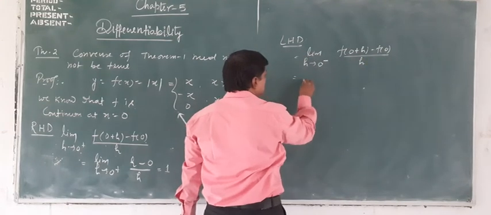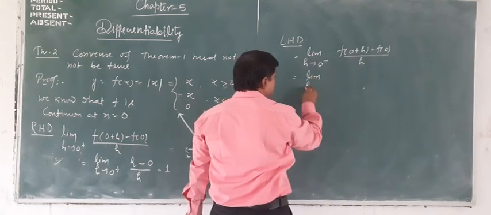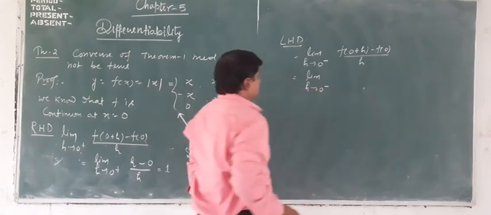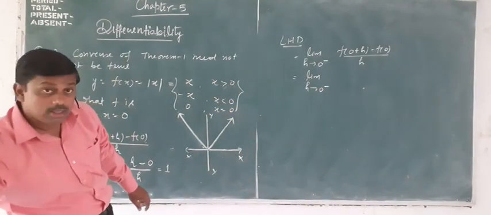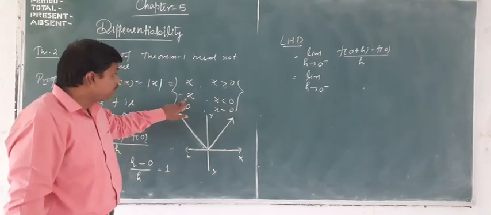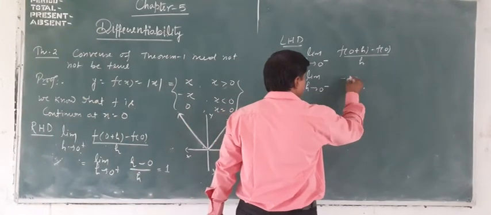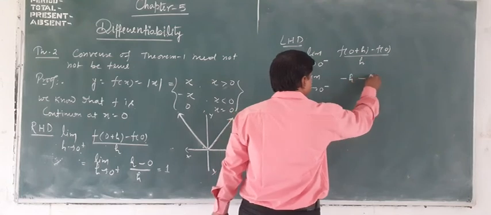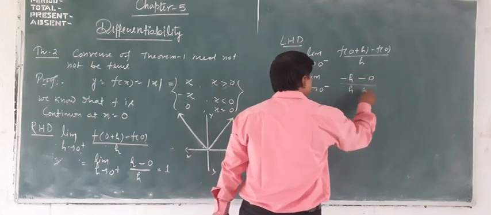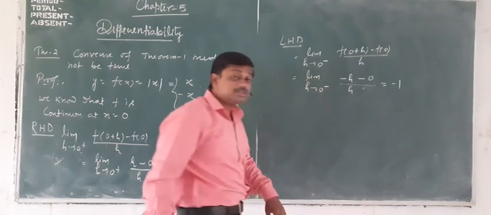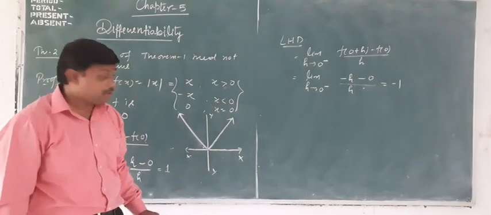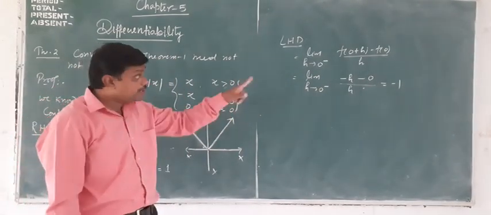It means h is tending to 0 minus, meaning less than 0. For less than 0 the function is minus x, so f(h) is minus h. So (minus h minus 0) divided by h, so this is minus 1. It means the right derivative is 1, the left derivative is minus 1.